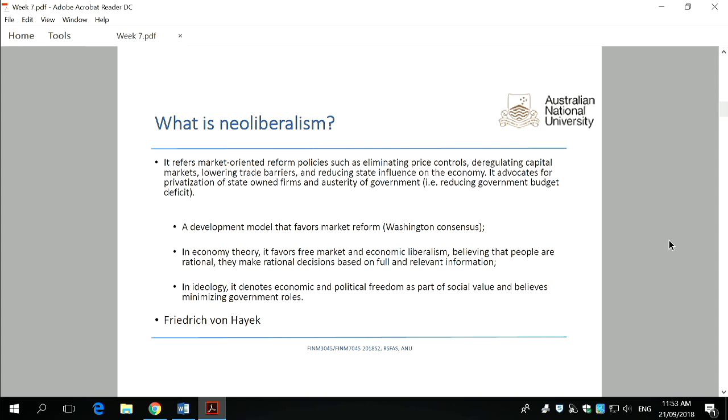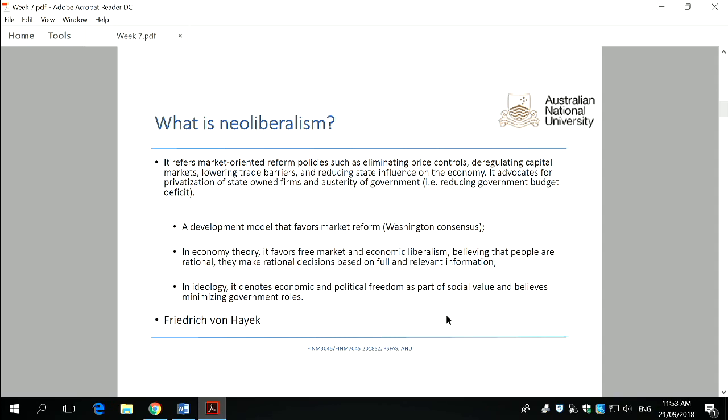And at the same time, they try to promote political freedom and social values and minimize government rules, etc. Now, this idea comes from Hayek in the 40s. I think he's in the 40s. How many of you know his book, The Road to Serfdom?